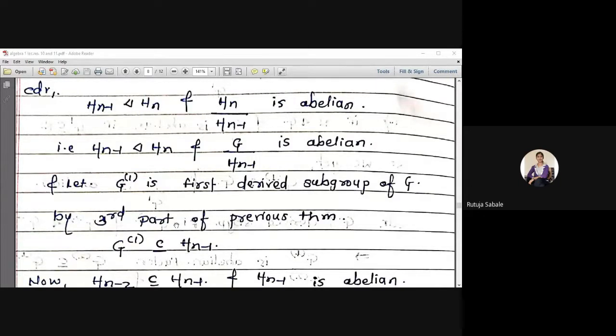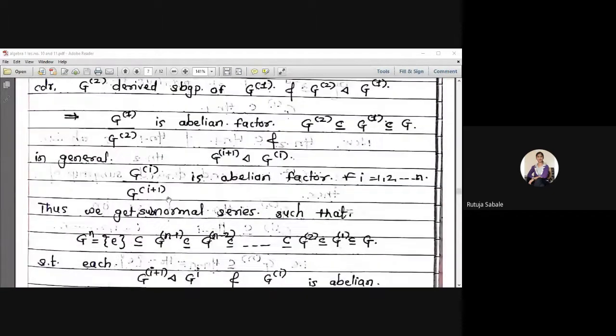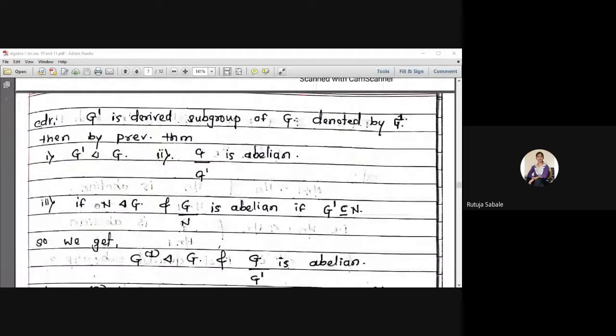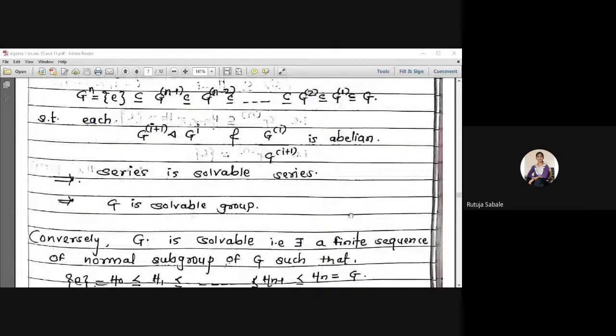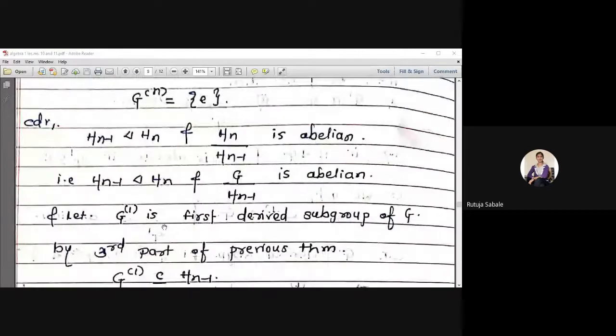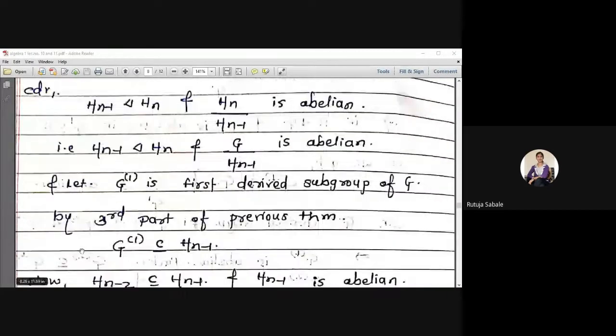How? Look at the third part of the previous theorem. What is the third part? If G1 is the first derived subgroup of G, which is contained in N, then N is a normal subgroup of G and G by N is abelian if and only if G dash is contained in N. So, if G1 is the first derived subgroup of G, then by the third part of the previous theorem, G1 is contained in Hn minus 1.